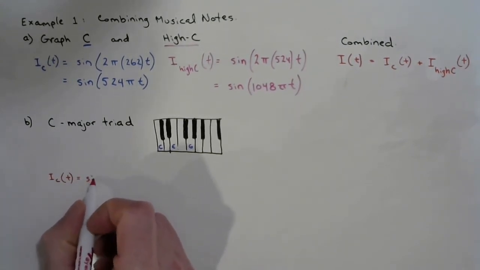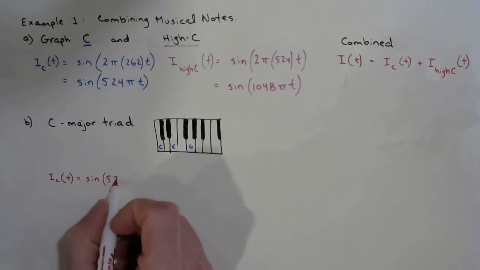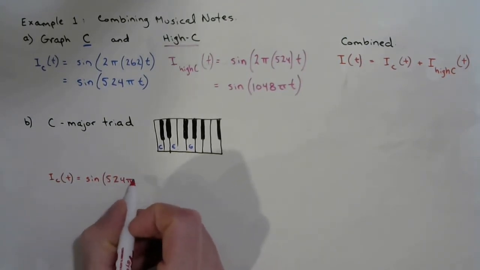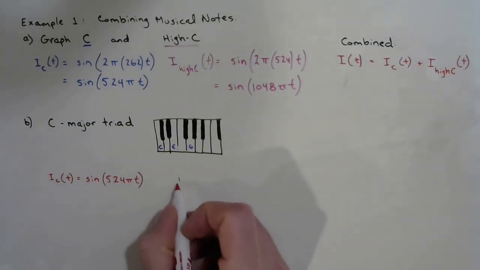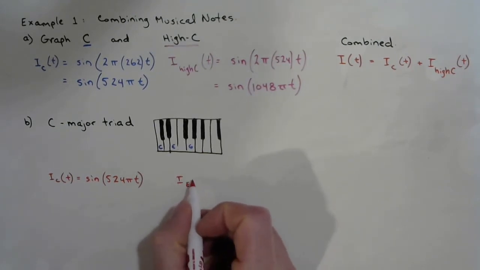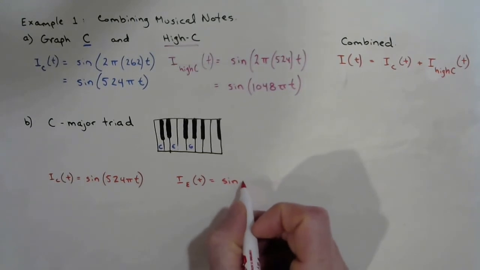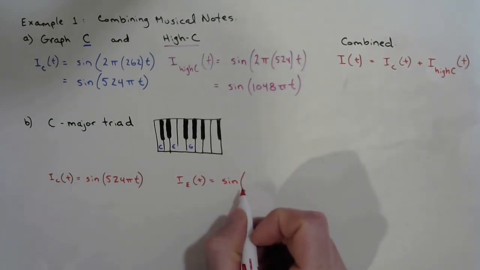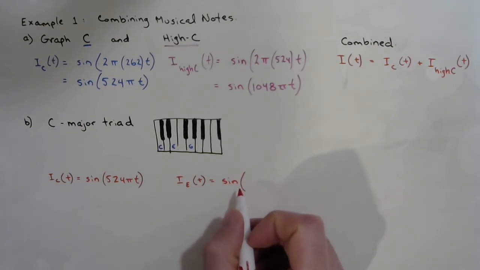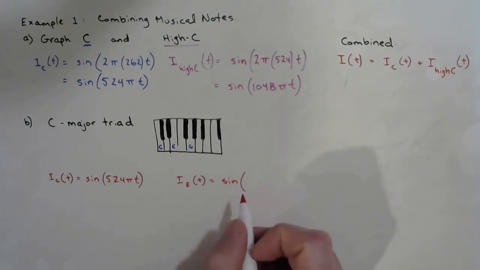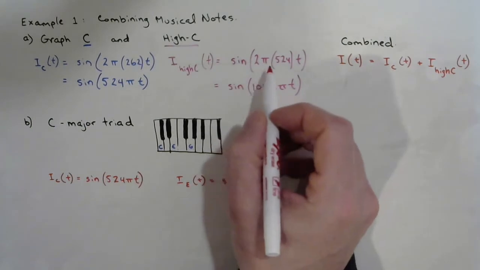We've got the intensity of C, which we've done already. So I'm just going to write that one as sine 524 pi t. We're going to have the intensity of E with respect to time. That's going to be the sine of 2 times, and I look at the function that we have, and then the frequency is 330, so I'm going to double that because we have the 2 times it.